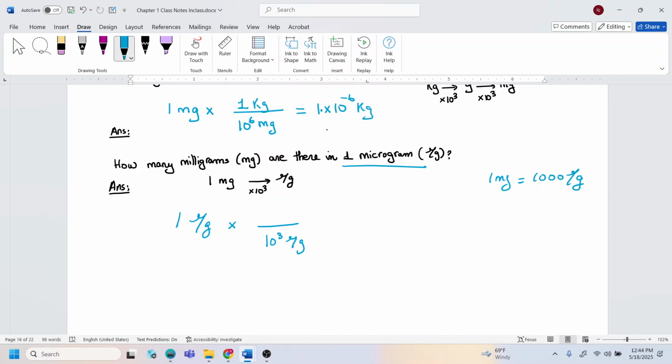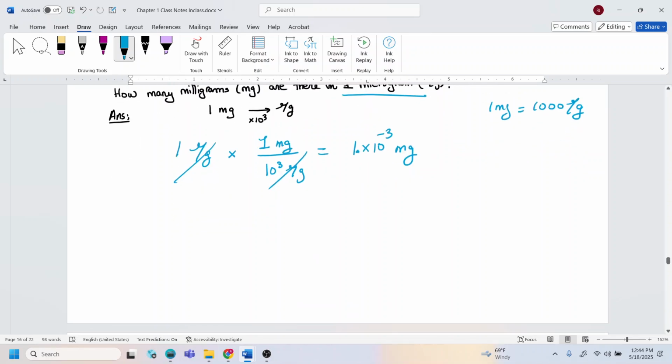Either you write it as 10 to the 3 or you write it as 1,000. It's the same thing. This is 1 milligram in there. So I am canceling the micrograms. And it's going to be 1 point times 10 to the minus 3 milligrams. If you write it as 1 or 1 point, it's both the same.